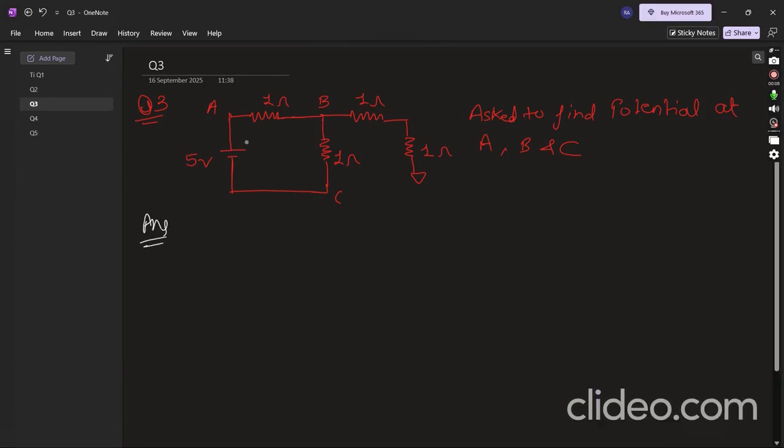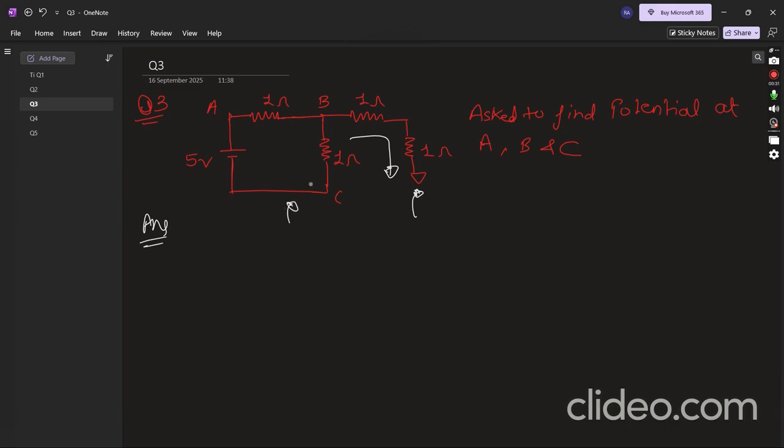Now this is the easiest question, you can say. In this question there are some resistors, and we have to find the potential at nodes A, B, and C. See this carefully: this branch is completely separate. Don't confuse this ground symbol, as it is not connected to this point.